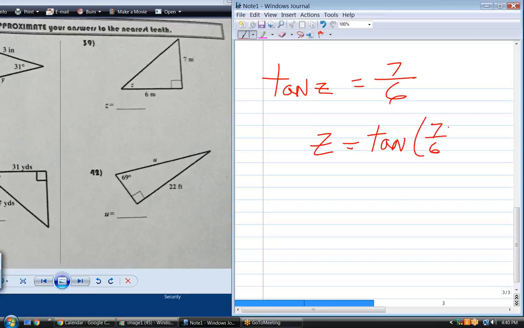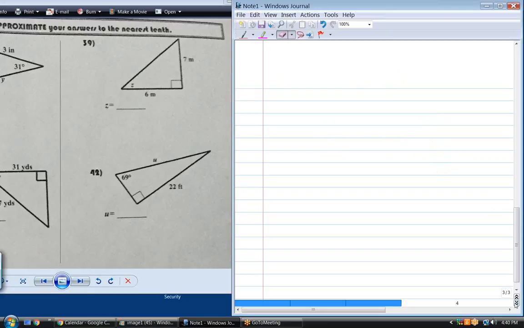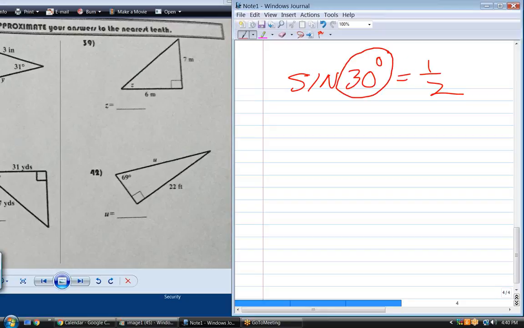How much have you had inverse trig functions? A little bit. Well, you know that the sine of 30 degrees equals 1/2, right? We're always taking trig functions of angles and we're getting ratios.